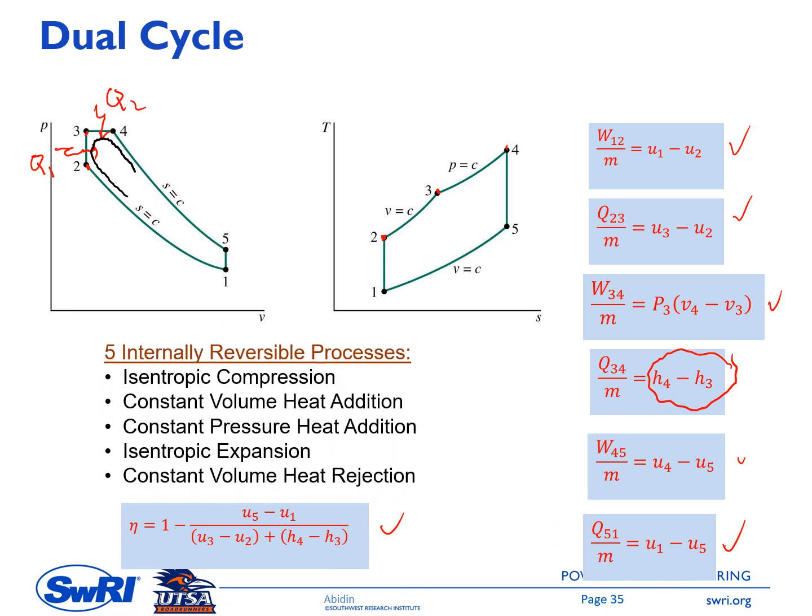Here we have five internally reversible processes that compose this dual cycle: isentropic compression, constant volume heat addition, constant pressure heat addition, isentropic expansion, and the last one is constant volume heat rejection, from point 5 to point 1.